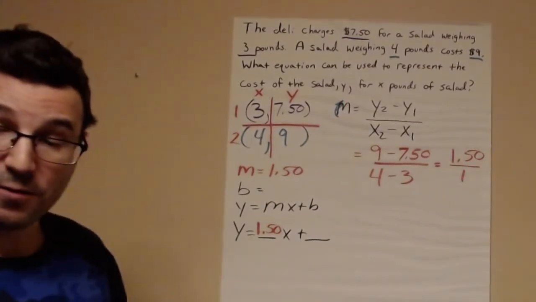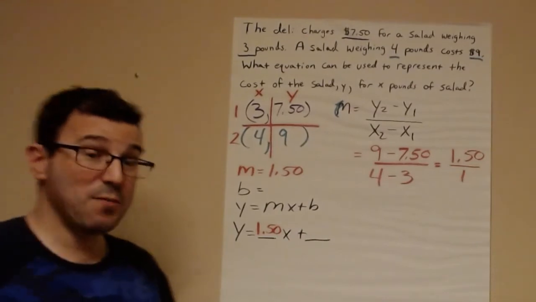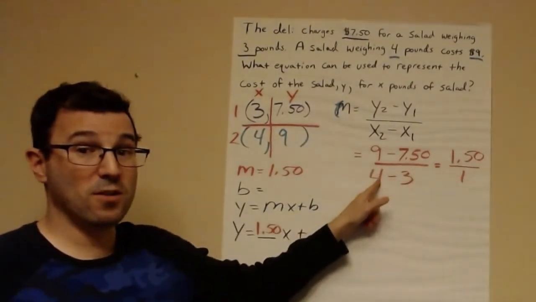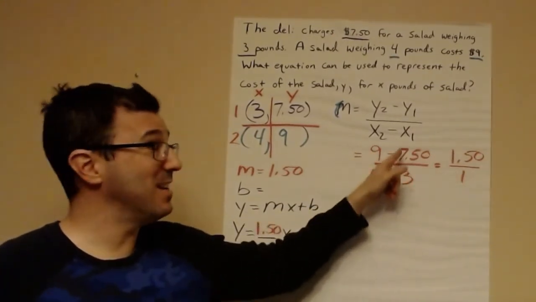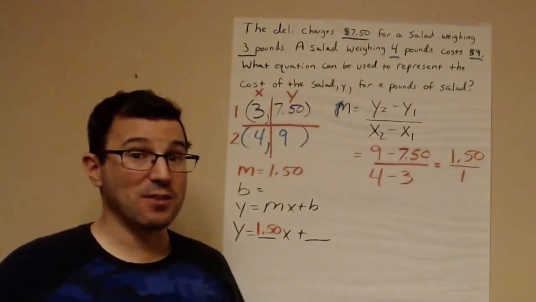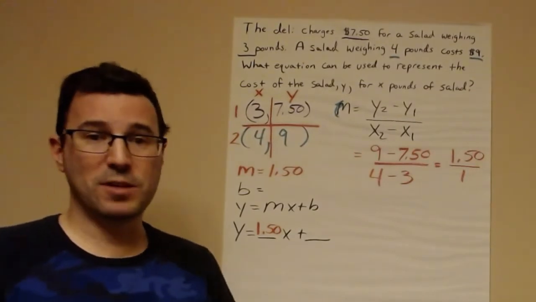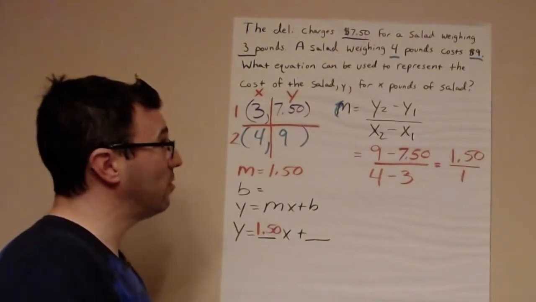But now we have to find the y-intercept. Because if you stop and think about it, 1.50 times 4 is not 9, and 1.50 times 3 is not 7.50. So there's got to be something else going on there. A base charge, if you will, to get a salad. So what we're going to do, we're going to do like we did in the last one.